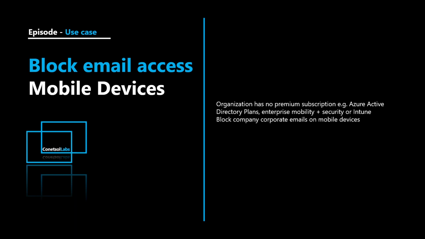The organization has no premium services subscription like Azure Active Directory, Enterprise Mobility Plus Security or Intune, and still wants to achieve maximum security levels to block corporate emails on mobile devices.